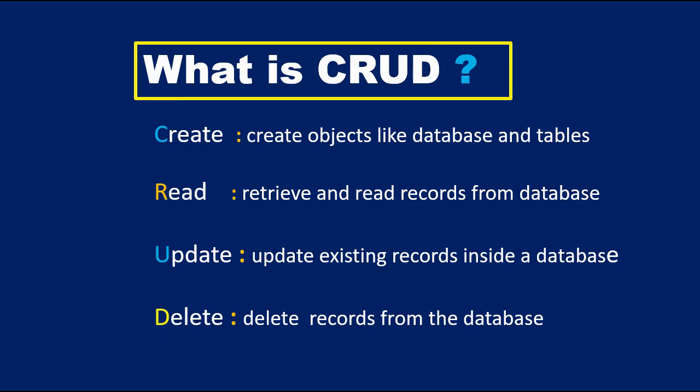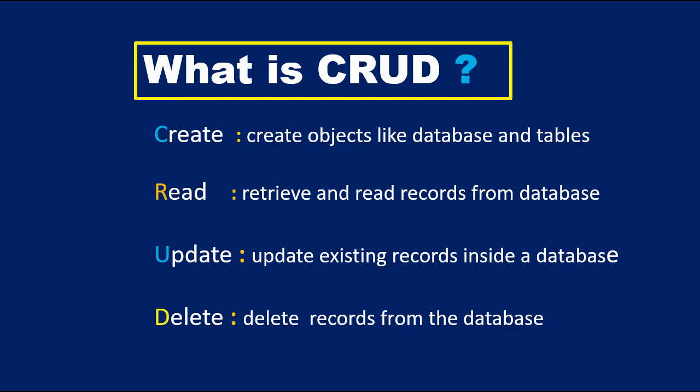So these are the 4 basic operations that are mostly performed on a database system. So you create objects on the database, and the objects could include databases and tables, and then you can also read from that database. So you can retrieve and read the records from that database.